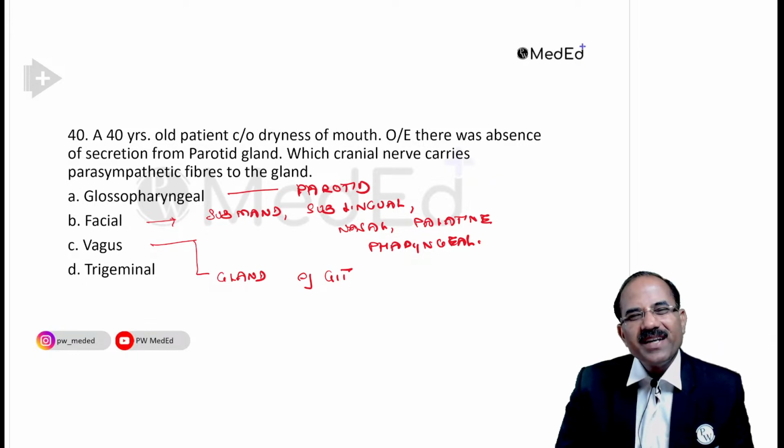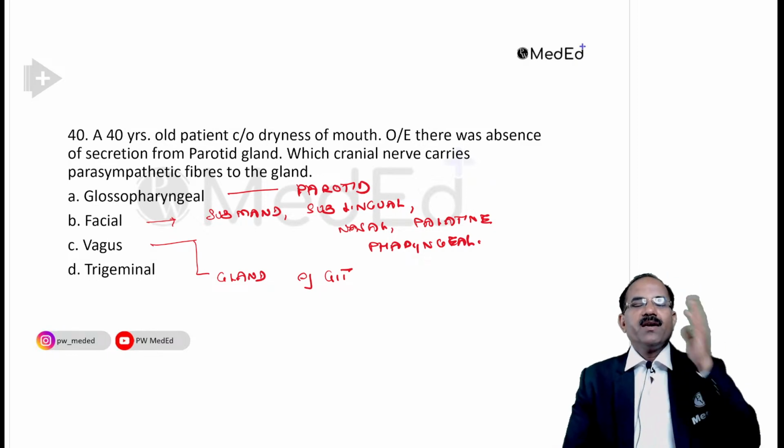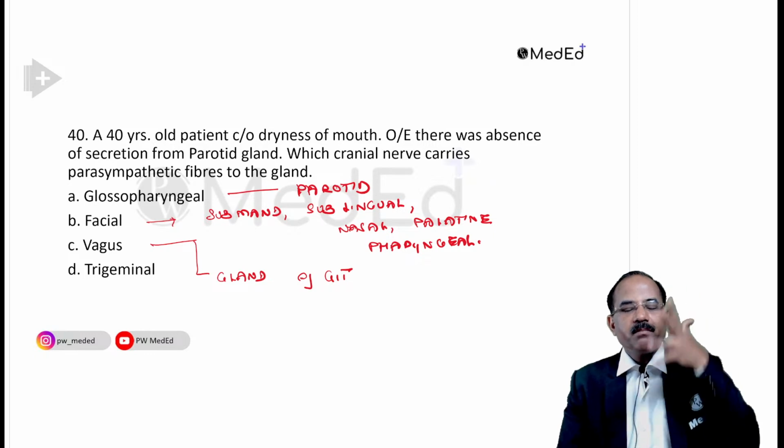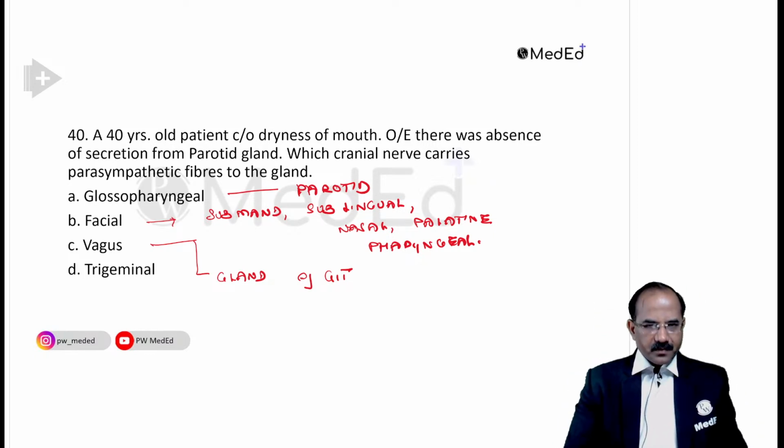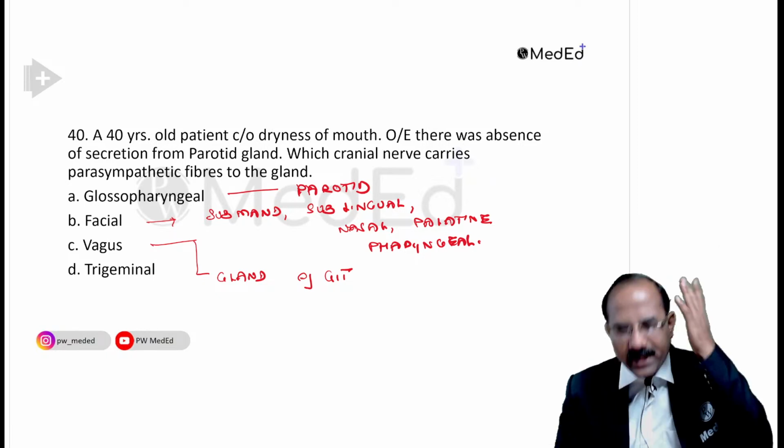The trigeminal nerve divides into ophthalmic, maxillary and mandibular nerves. You know this, no? The trigeminal nerve supplies the sensory supply to the face.